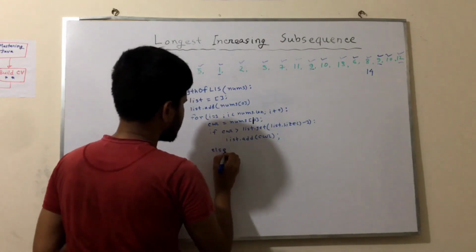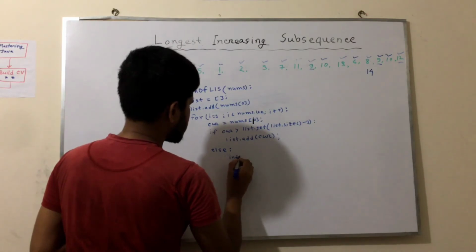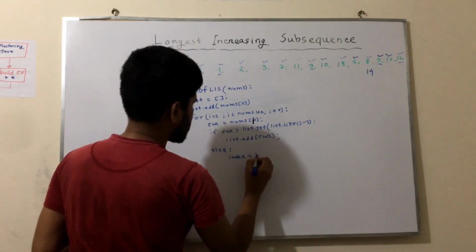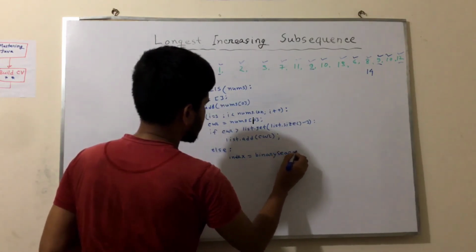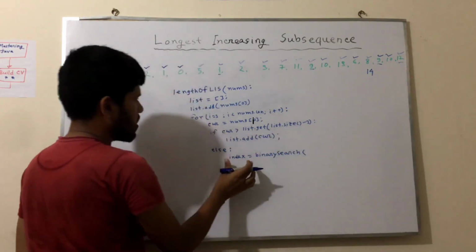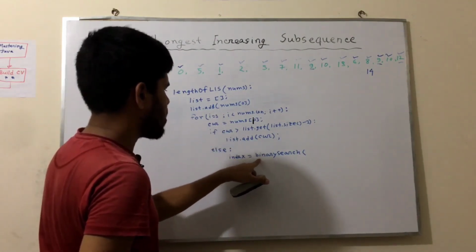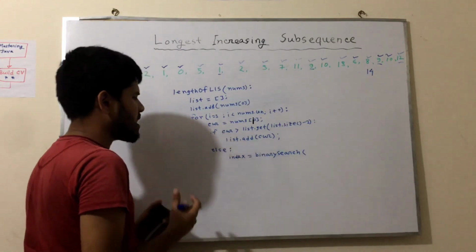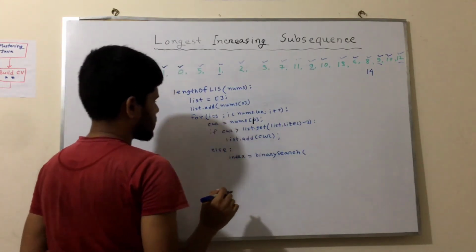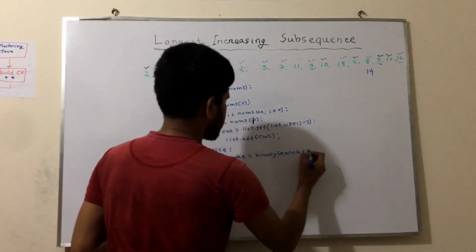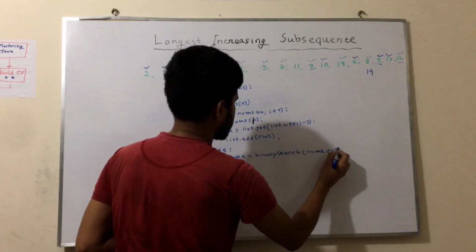Else, if this is not true, I'm going to find out the index. I'm going to call a function binary search. This function will return the index of the immediate next element of our current element. So this function takes the given array and the current value.